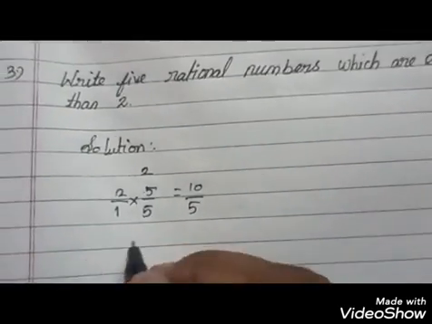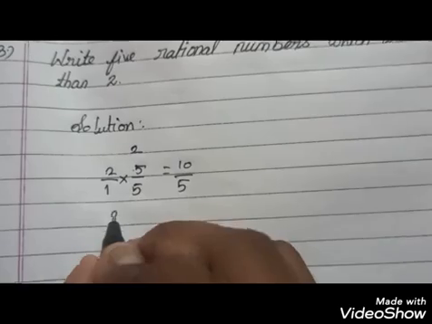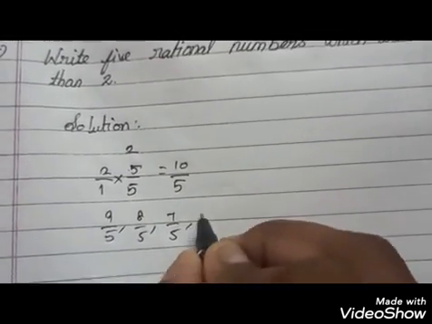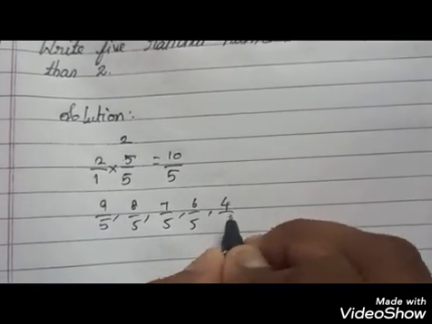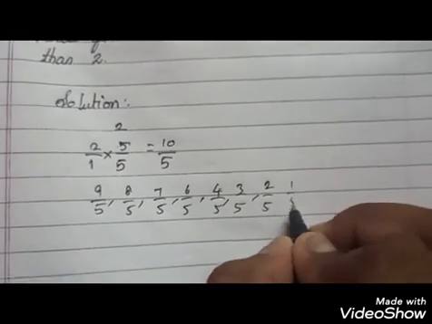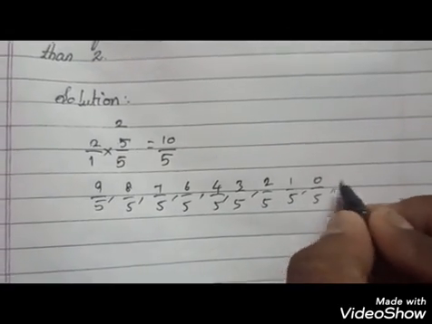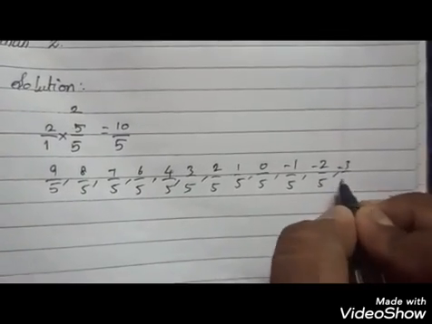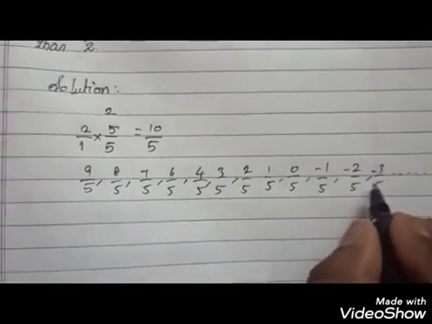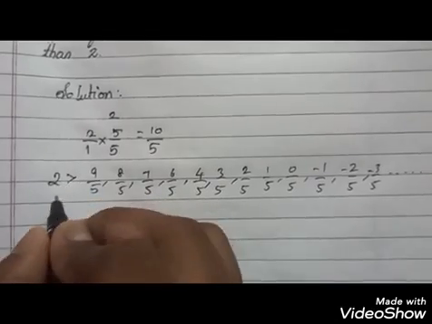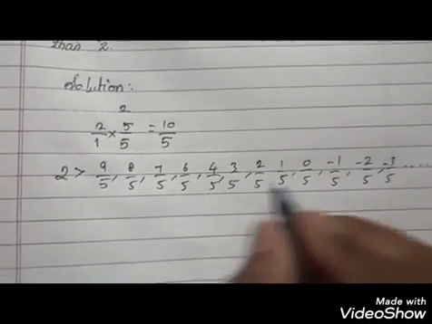It should be 9 by 5, 8 by 5, 7 by 5, 6 by 5, 4 by 5, 3 by 5, 2 by 5, 1 by 5, 0 by 5, minus 1 by 5, minus 2 by 5, minus 3 by 5 and so on. These are the numbers less than 10 by 5. So 2 is greater than these numbers. So these are the numbers less than 2.